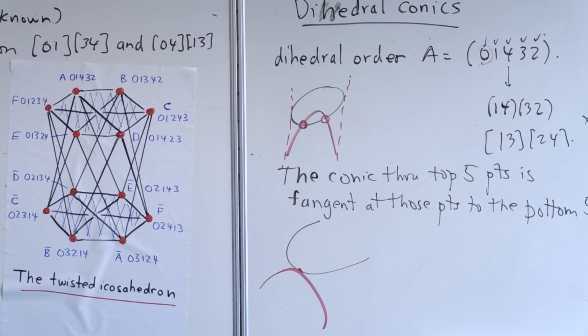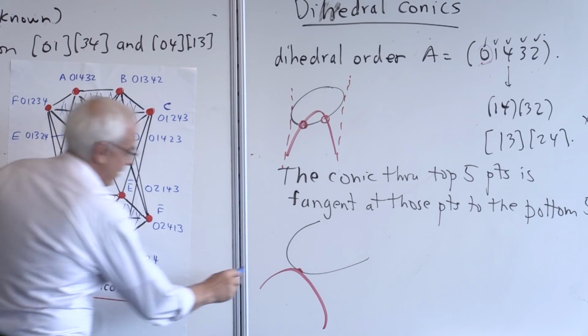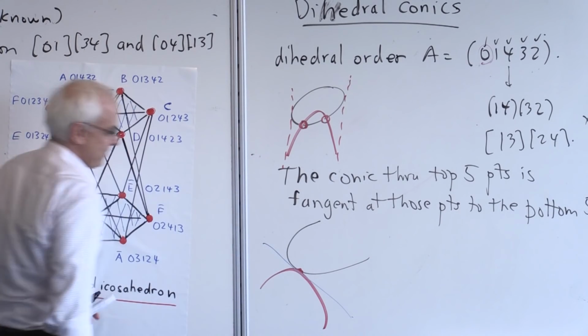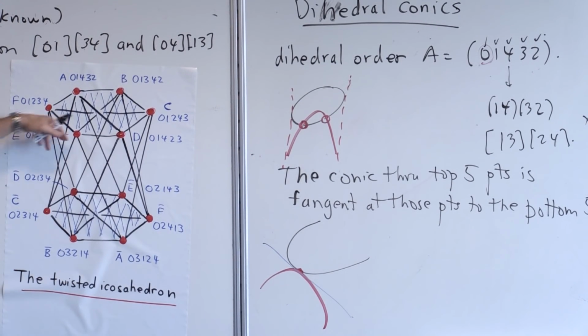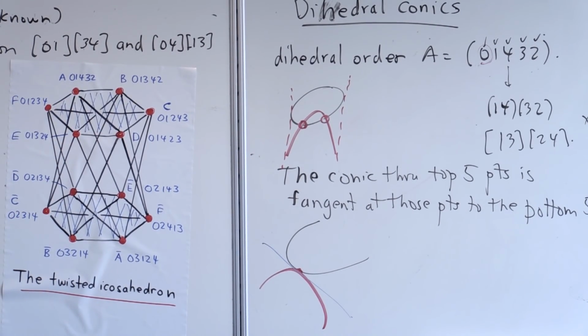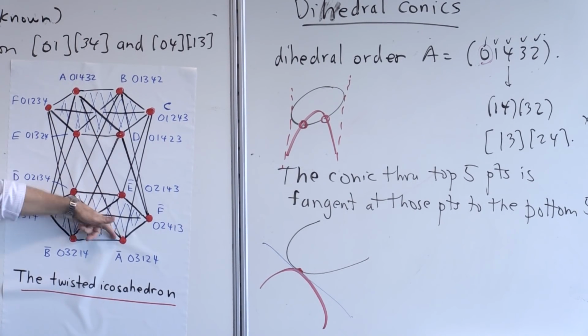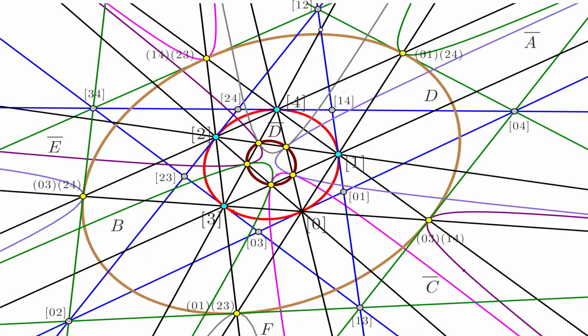You'll be able to see some of those. That's the distance 2 interpretation. And distance 3, which is going from a point to an opposite, is where the two conics don't have any intersection.